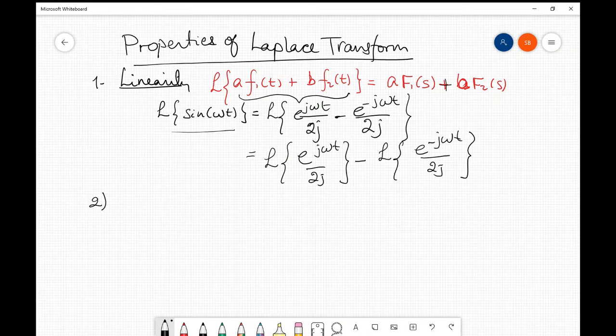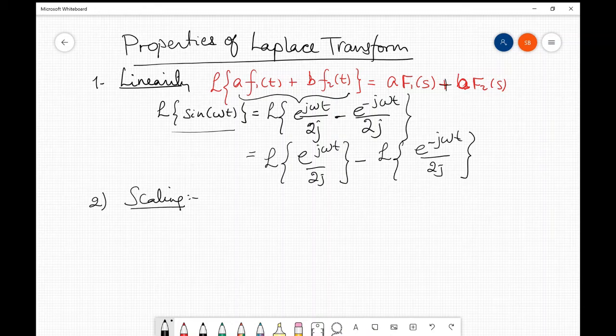Right, the second property is scaling. By the way, you can find these properties on your slides. There is a table which has the Laplace transform of important functions, and there is another table which has the scaling.